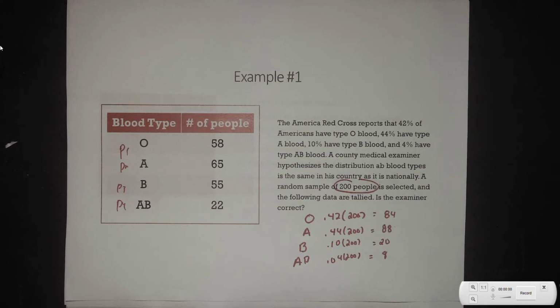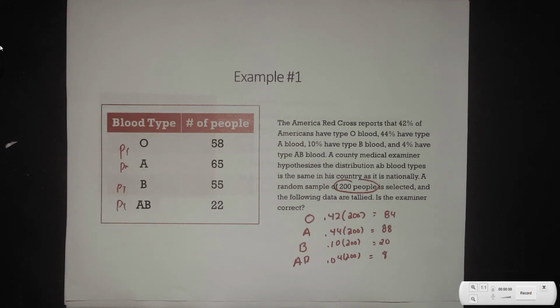If the blood type for A is correct, we should expect to have 88. For B, we should expect to have 20, and AB, we should expect to have 8. Which is interesting because AB is the universal recipient, so I guess it's just rare. I'm not a nurse or anything, so I don't even know what my own blood type happens to be.